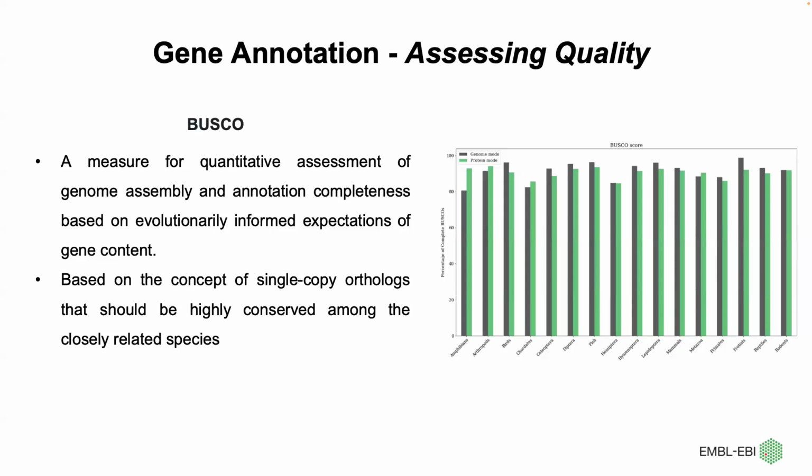You can provide the lineage yourself, or BUSCO will assess which is the closest lineage to your target genome. And then it runs. It used to run MetaEuk before, but recently BUSCO has moved to miniprot to predict the genes in the genome mode.